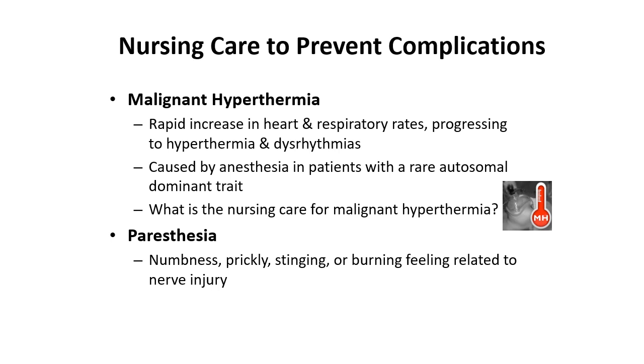And so they have a rapid increase in heart rate, respiratory rate, and then as it continues, it progresses to hyperthermia and dysrhythmias. They also have muscle spasms and rigidity as well.